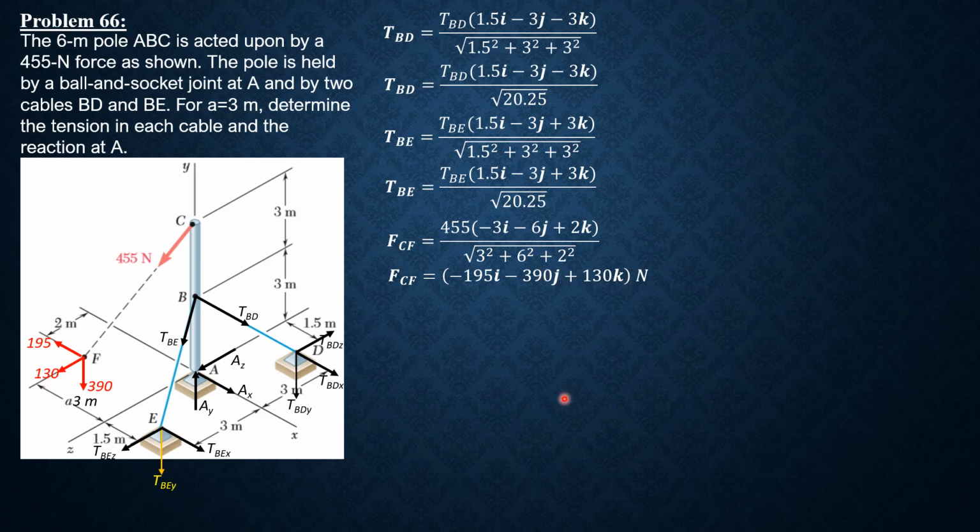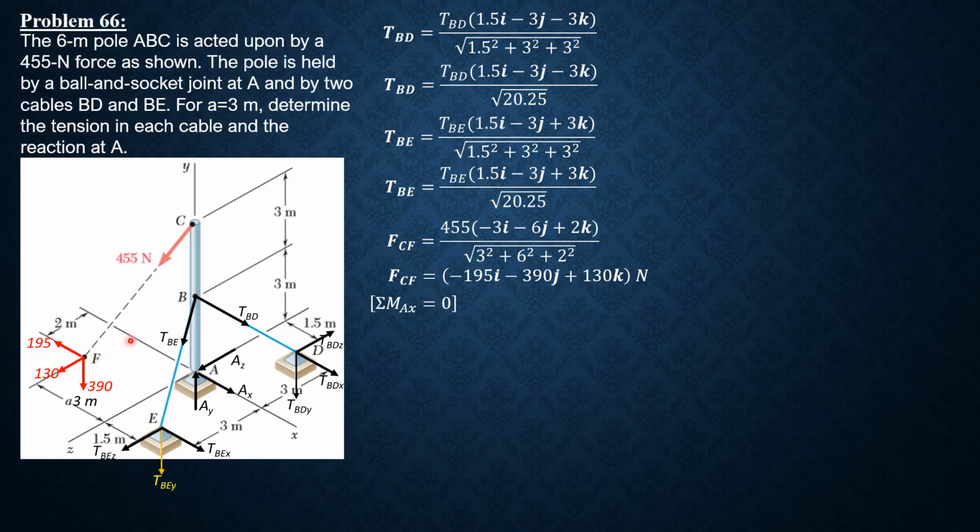So first we sum up moment about AX equals 0, so that the involved components would be TBDY and TBEY, and this 390 newtons.